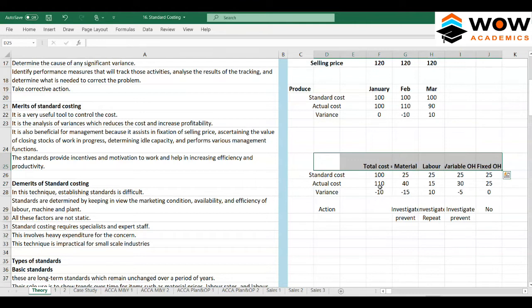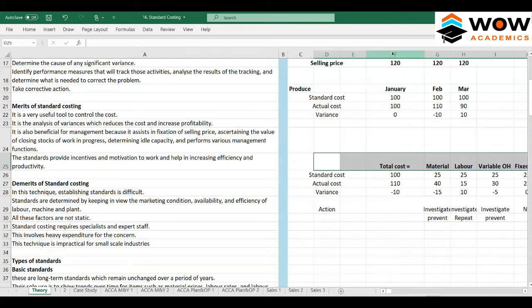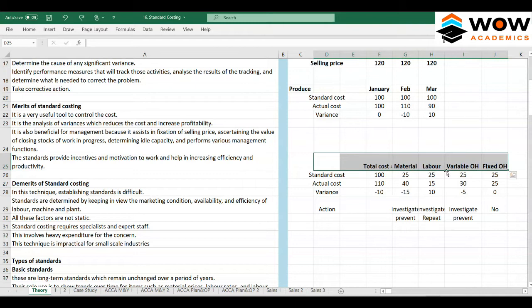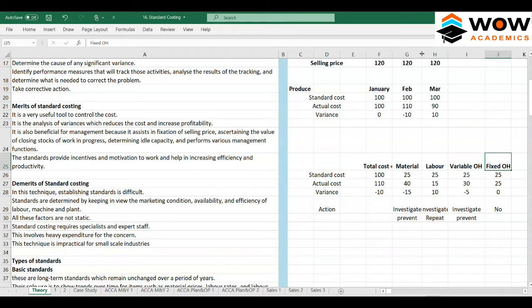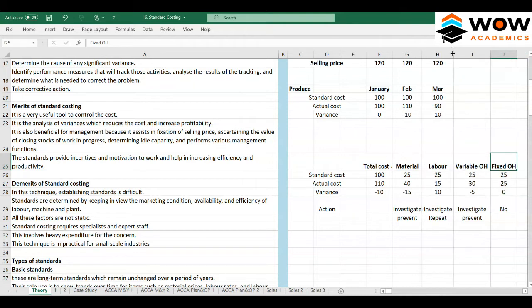The concept is to find out where the variances are occurring, and we are trying to stop the negative variances, and we are also trying to repeat any positive variances. So that's about the concept here.